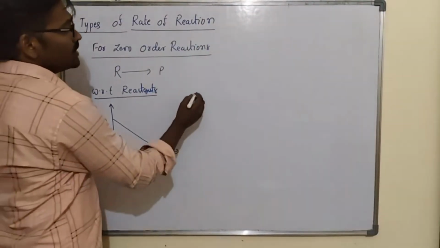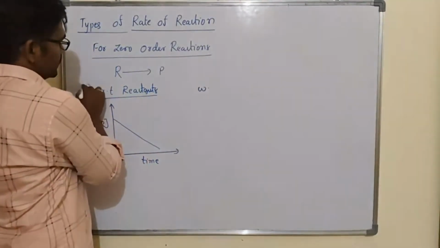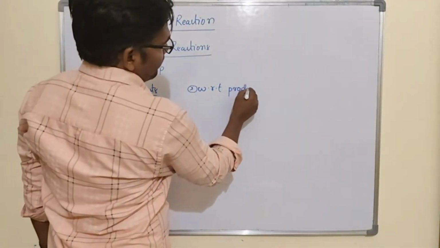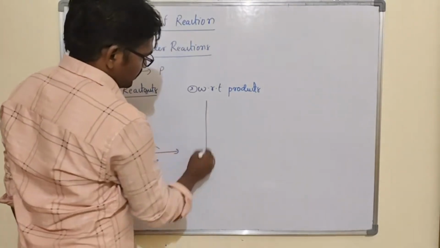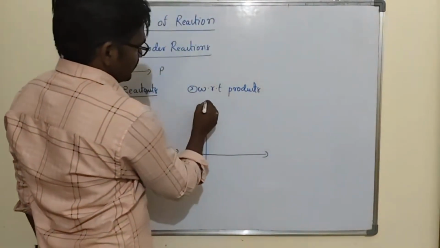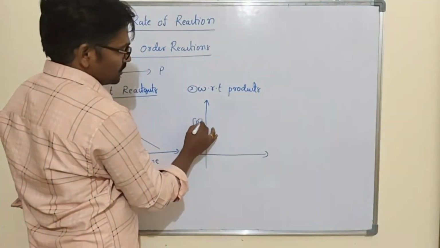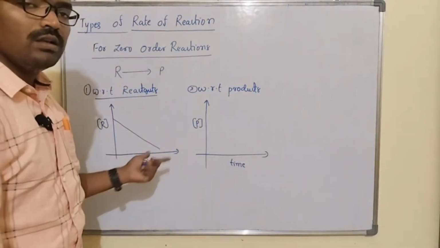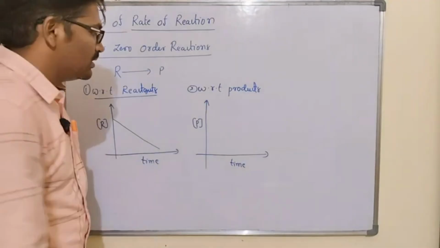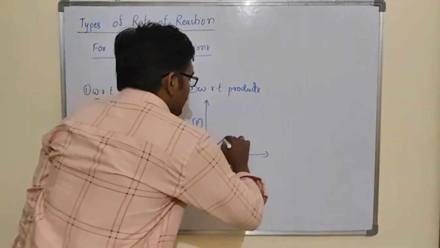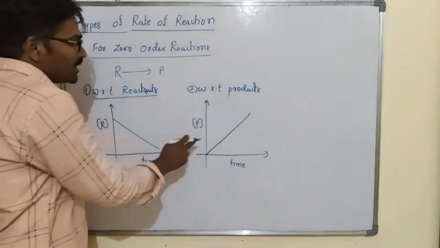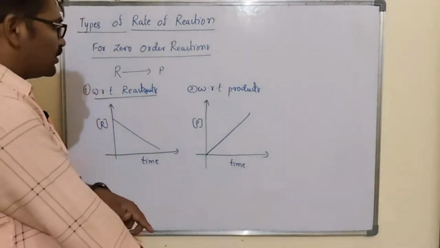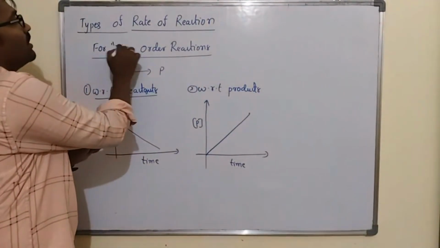Then with respect to products, the graph is concentration of product versus time, my dear students, then the product concentration increases, right? So that is also in the linear manner. So you get graphs that are linear, a straight line, for the zero order reactions.